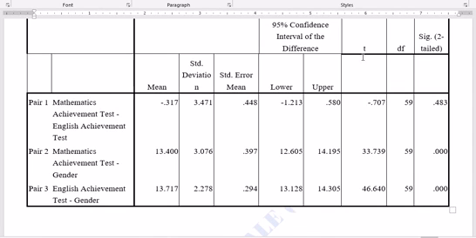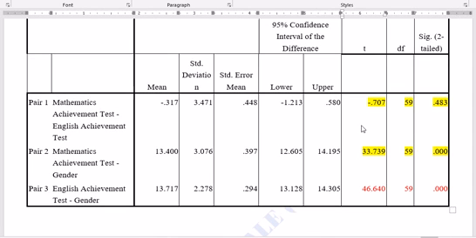These are t-tests, and these are degree of freedom and significance, two-tailed. Now you come back to this place, the paired one. You see, I have that. Let me paint it, okay, so that you can see what we are doing. Okay, now the third one, you can see what I'm doing. Okay, all right.